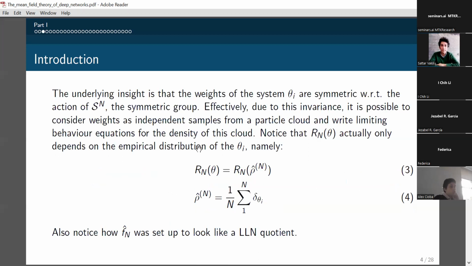So you can swap these things around, and effectively the only thing that should matter is the distribution of the weights, either the empirical distribution if you have some sort of finite sum, or as we'll see, when you pass to an infinite limit, what will matter is the distribution of the weights alone.